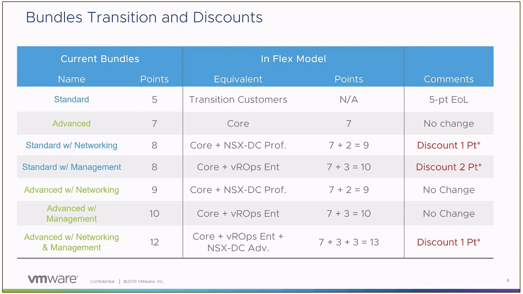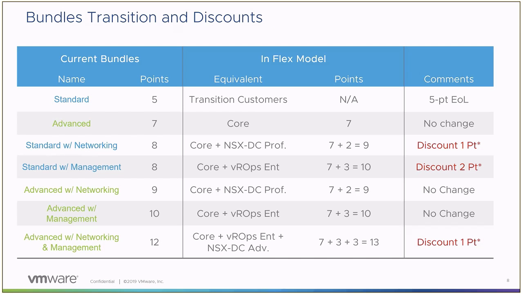Looking at the current bundles, the standard bundle, or the 5 bundle, is end of life. The 7 bundle, the core bundle, has no change. Standard with networking, the 8 bundle, will get discounted 1 point because it will go from 8 to 9 points.